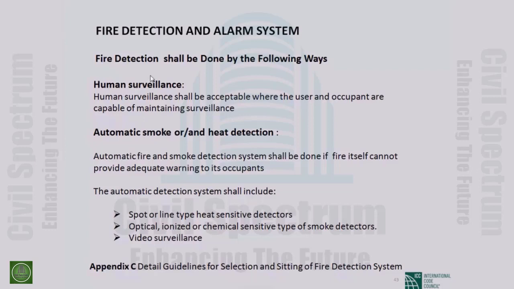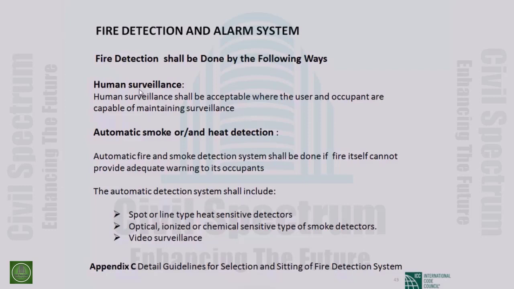Actually, when there is a fire, what will happen? There will be some smoke, there will be some heat, and there will be some ions generated. Smoke is a visible detection, while ions have no color. There is also gaseous detection, detection of flame, and detection of heat.